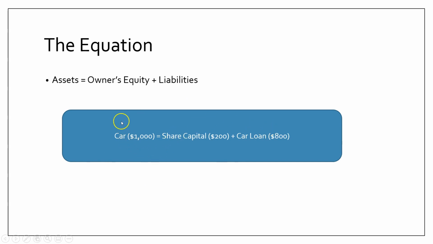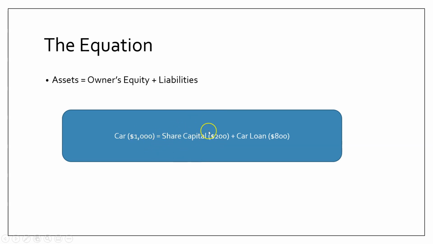We have an example here where we have a car worth $1,000, some share capital of $200, and a car loan of $800. Essentially, this picture shows a business that bought a car for $1,000, and that's their asset. Someone put $200 into the business to fund the car.